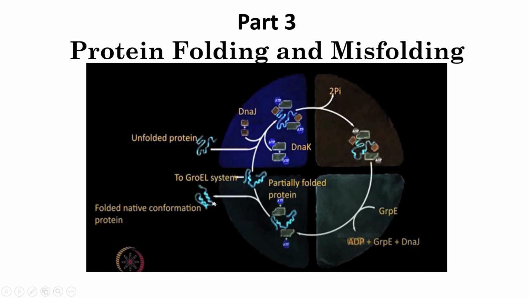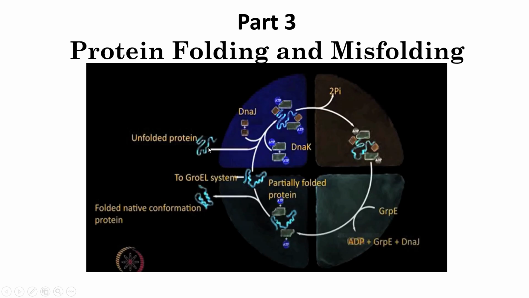Then there was an experiment where people talked about two proteins which help in protein folding, DnaJ and DnaK, and the GroEL system, which helps a protein to get folded properly. This is the cycle by which a native conformation can be reached.